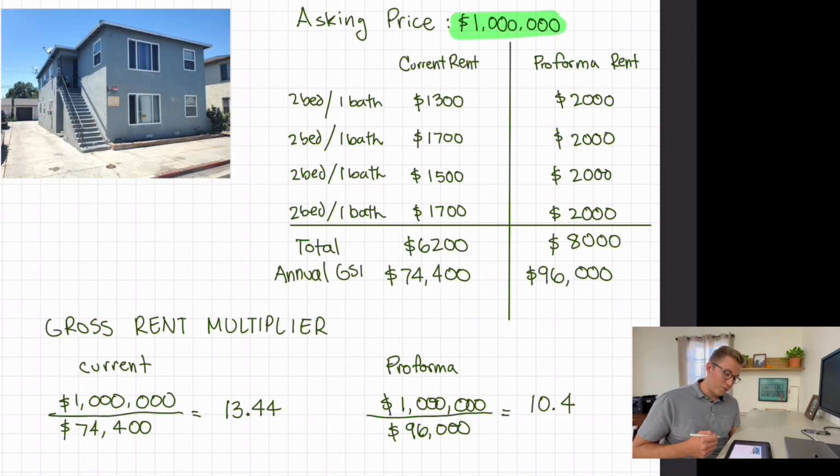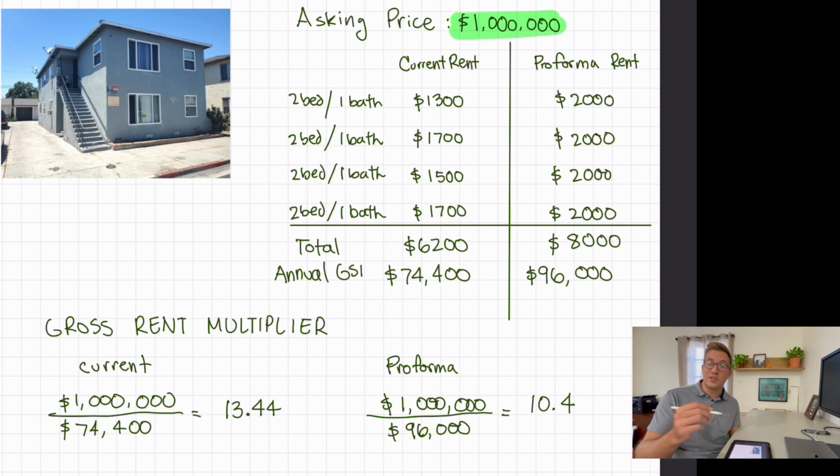And we have two columns here. In the first column, we're calculating the current rents. We're adding up current rents. The second column is our pro forma rents. So this property does have some upside that a new owner can capture. If someone buys the building, they can renovate units and raise rents.